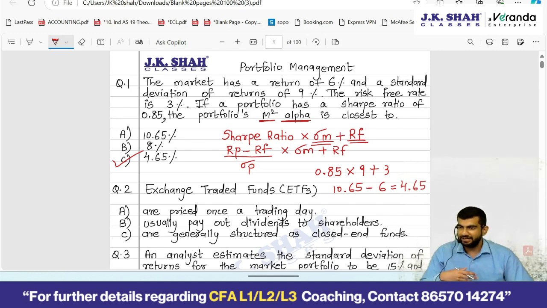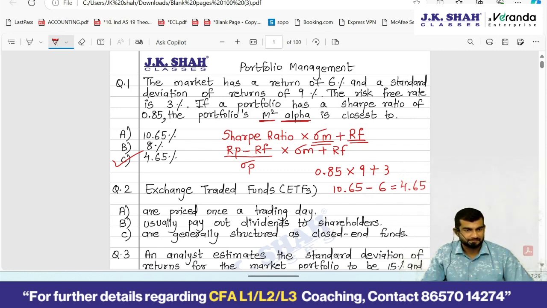Now if I ask you to rank all the portfolio managers in terms of either Sharpe ratio or M square, the rankings would be the same, because the M square formula also has the Sharpe ratio in it, and standard deviation of market and risk-free rate are going to be the same for everyone. So what is the differentiating factor? Sharpe ratio of the portfolio. I hope you understood this.